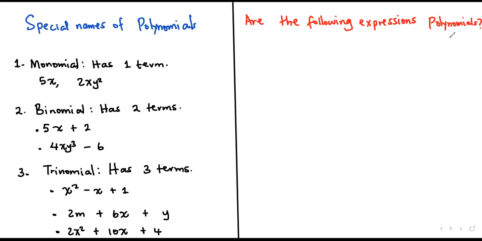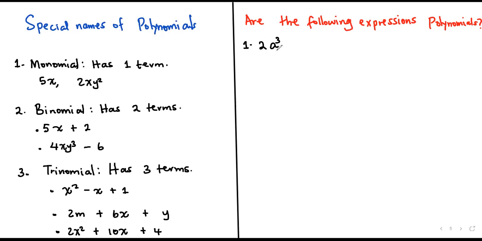Are the following expressions polynomials? Let's have number 1, 2a to the power of 3. So 2a to the power of 3, it is a polynomial. Why? You can see the exponent is 3 and 3 is positive.